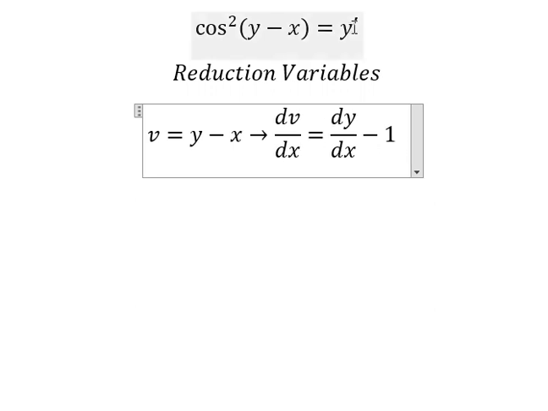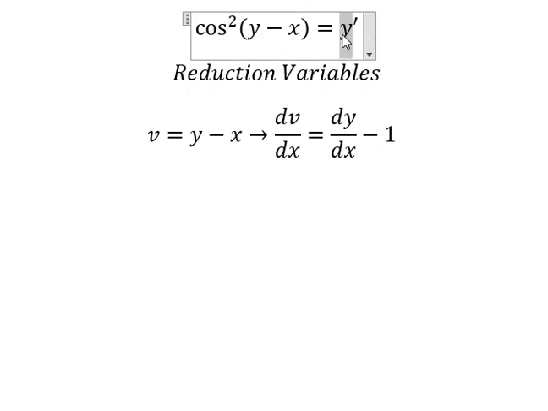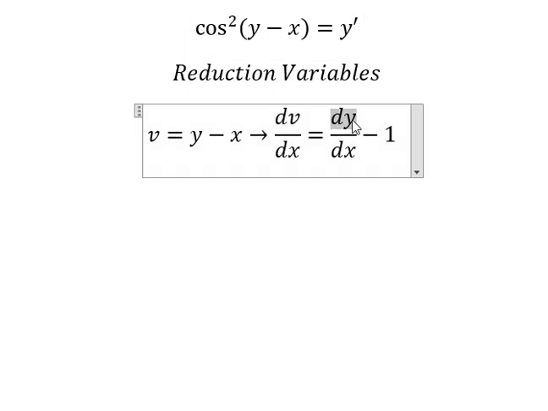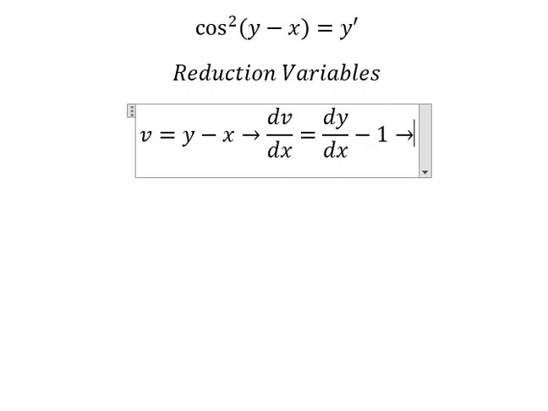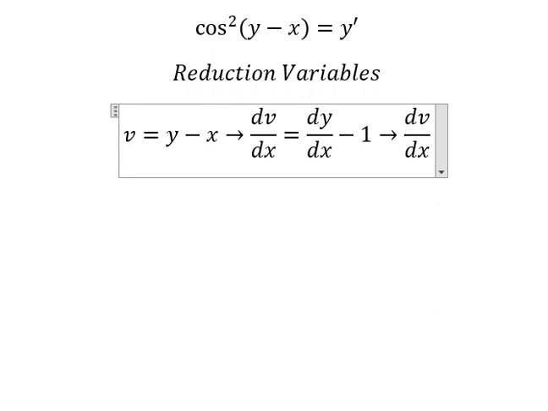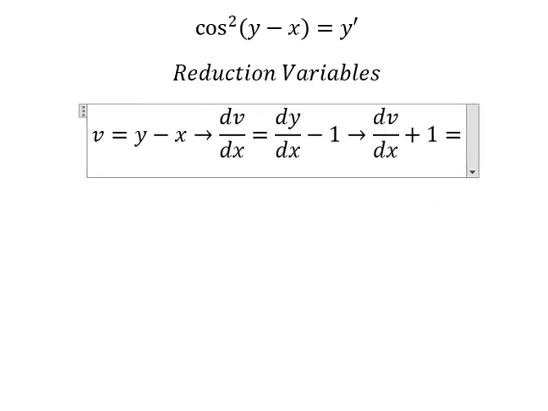Now we know that the first derivative of y is dy over ds. Now I will move negative 1 to the left, and we have dv over ds plus 1 equals dy over ds.